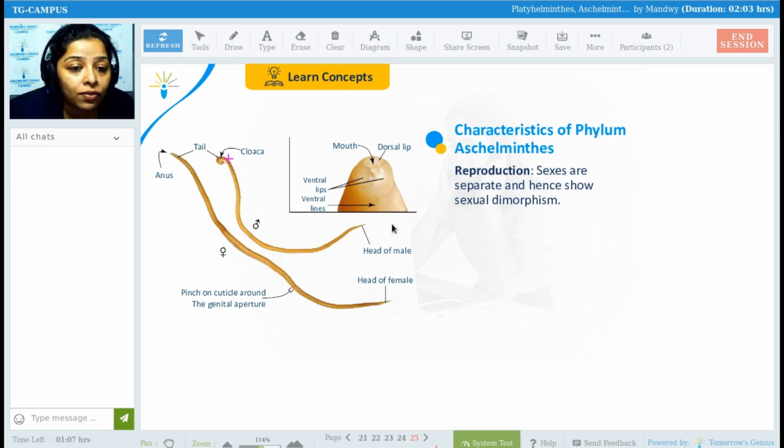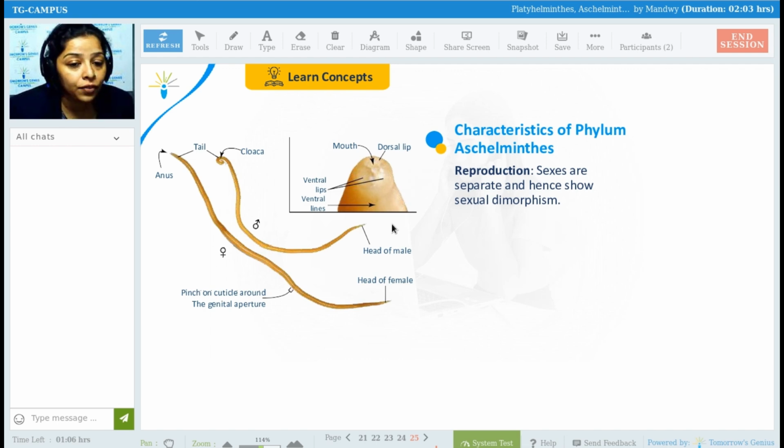Whereas in male, the end of the tail is moving and makes a circular type of structure, right? Ring-like structure. So this is one of the differences. The length of the female as compared to the male is more, right? The female is longer as compared to the male.